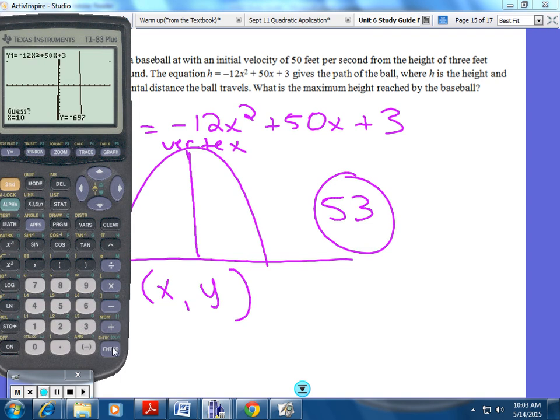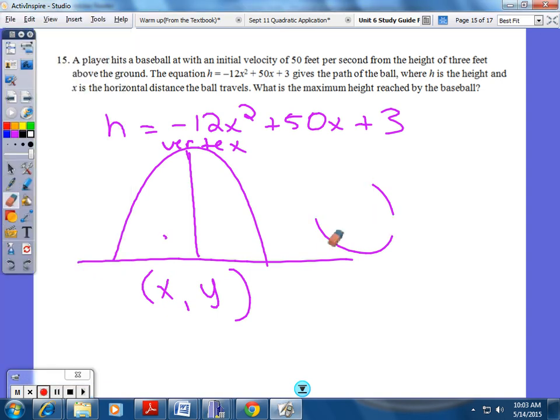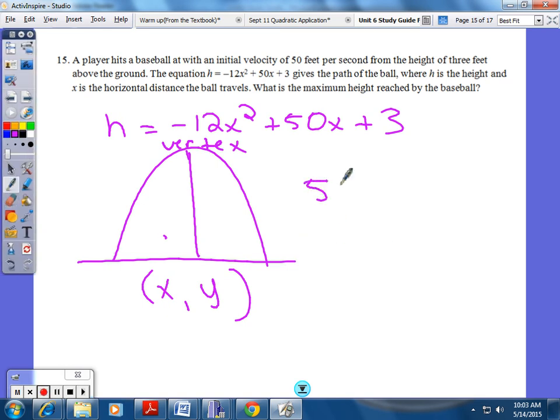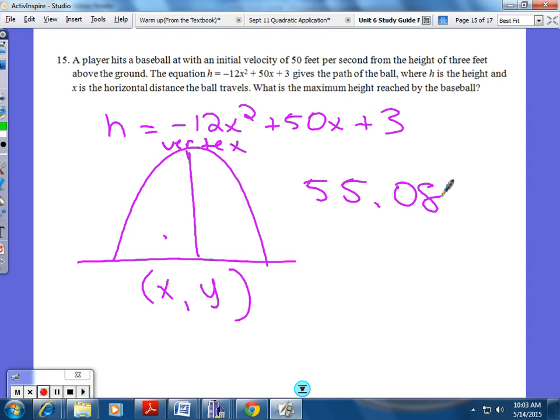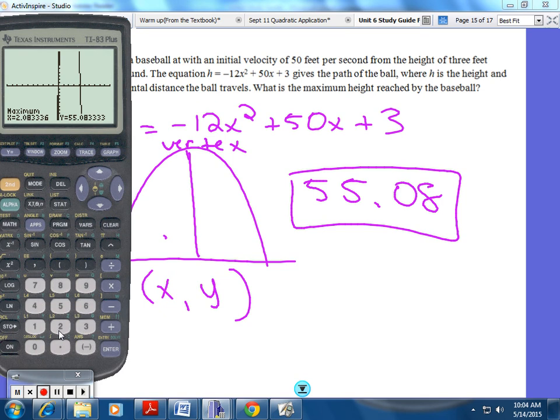Glad I caught that before I turned my paper in. Five point oh eight.